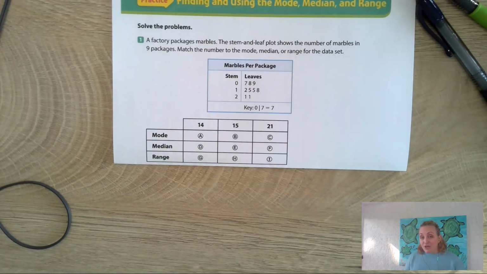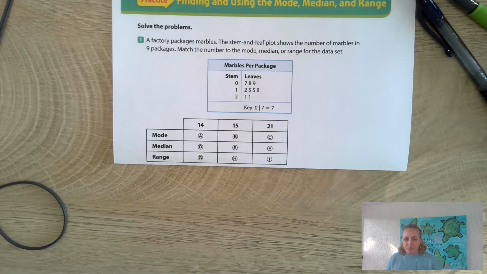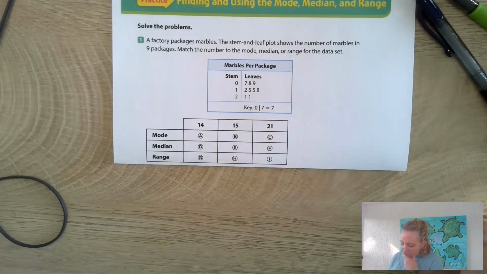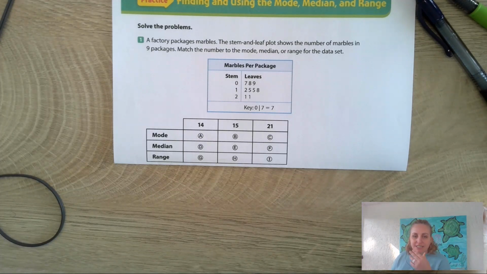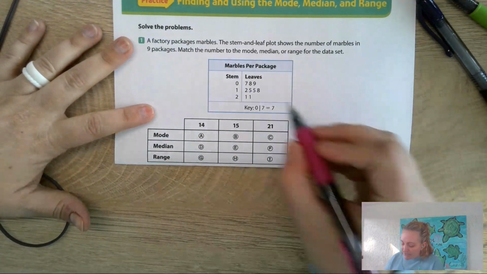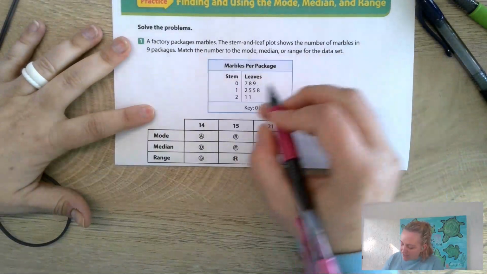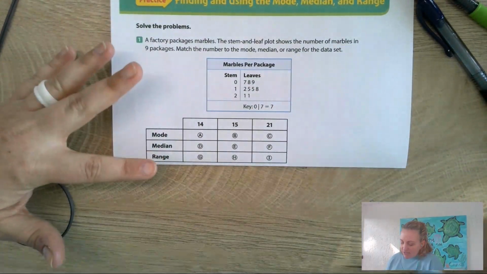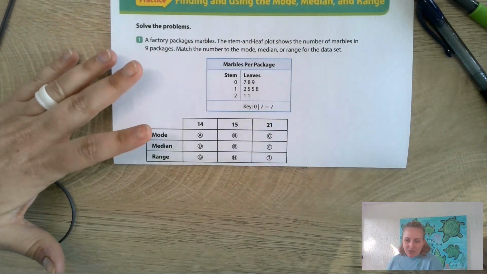All right, so you should have found your own mode, median, and range. Remember, the mode is the number that appears the most. The median is the number in the middle, and the range is the difference between the biggest number and the smallest number. It might even be helpful with a stem and leaf plot if you want to write the numbers over to the side, because again, stem and leaf plots are hard to read, and this only has 9 numbers, so that's not that many.